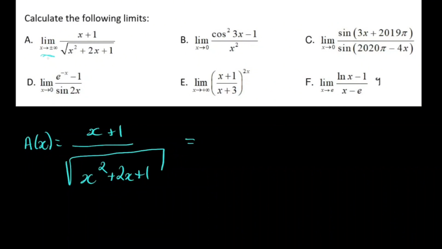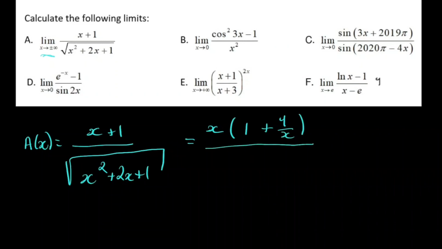At the top, when x tends to plus or minus infinity, 1 will not be powerful compared to x. So I want to factorize by x: x times 1 plus 1 over x.